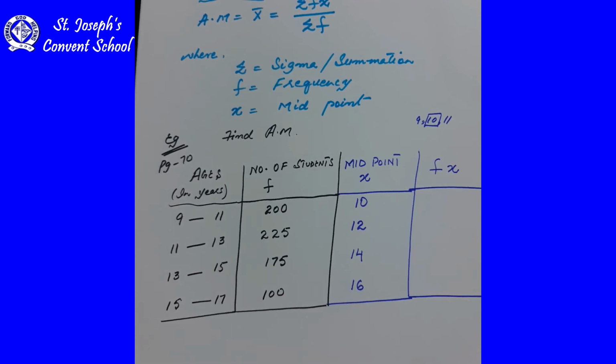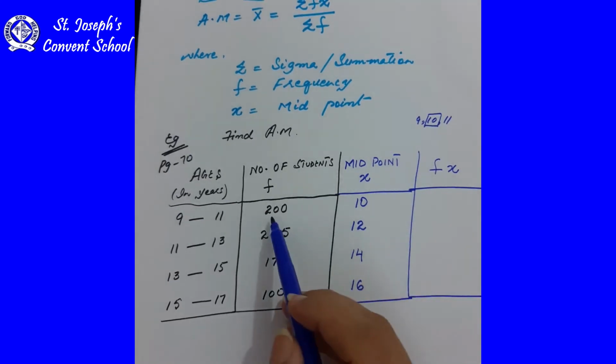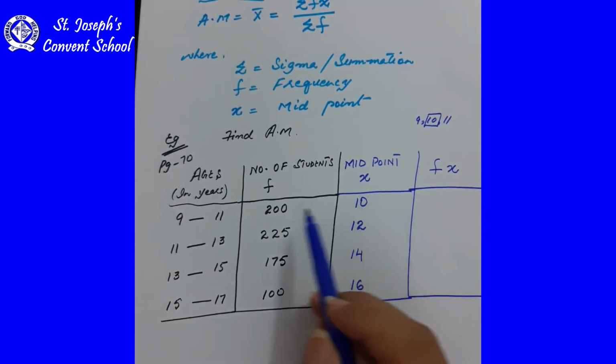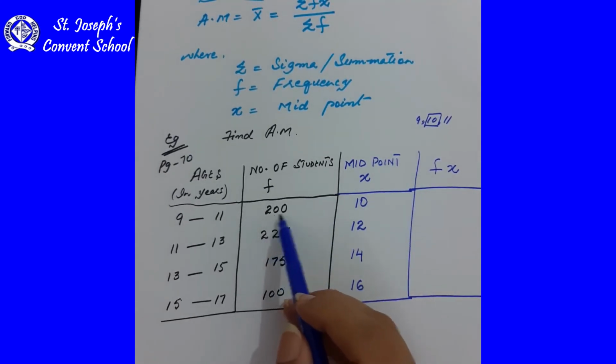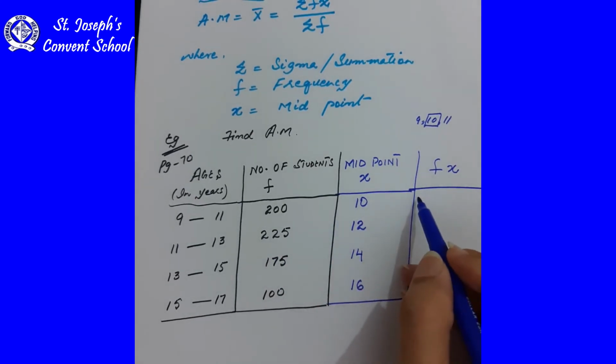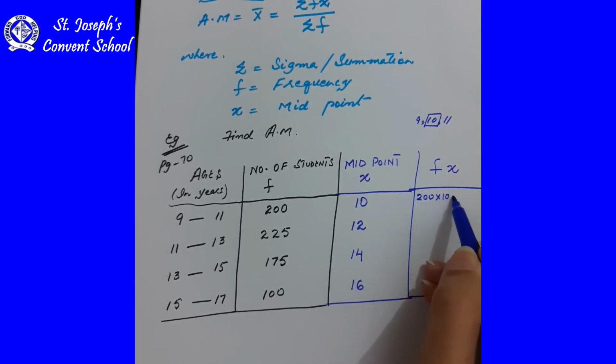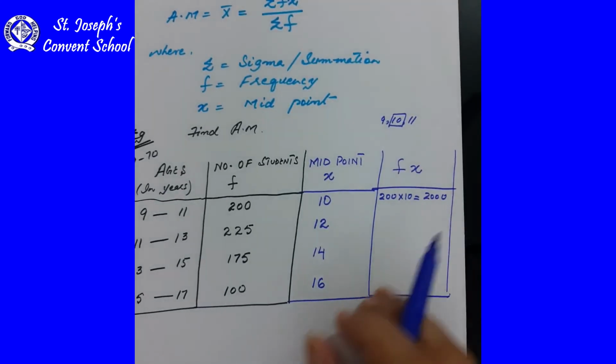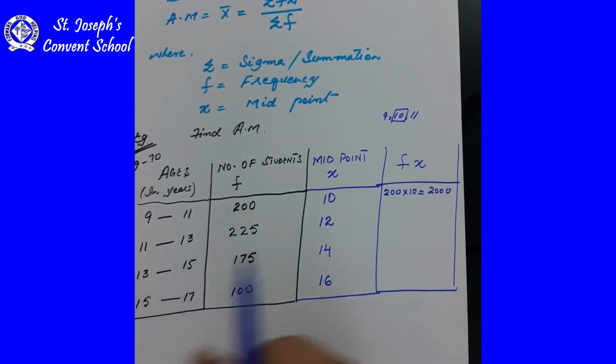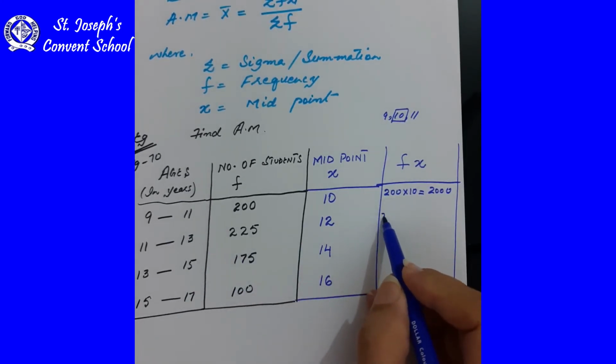Now the last column is f into x. f is this column, x is this column. So multiply these. 200 into 10 is 2000. Then next value, 225 into 12.